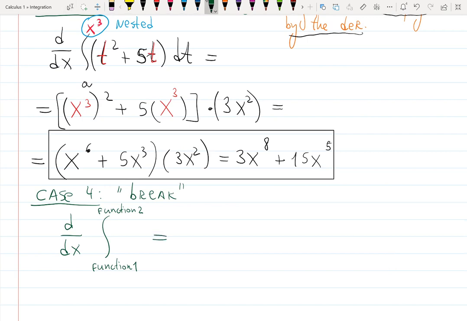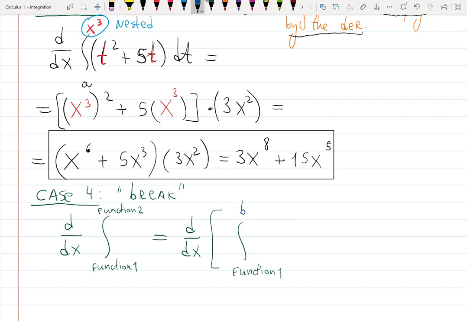And here is my notation to help you out with this. You can take the integral, you can first differentiate the integral from function 1 to any kind of number. First, any number. I will call it b, why not?